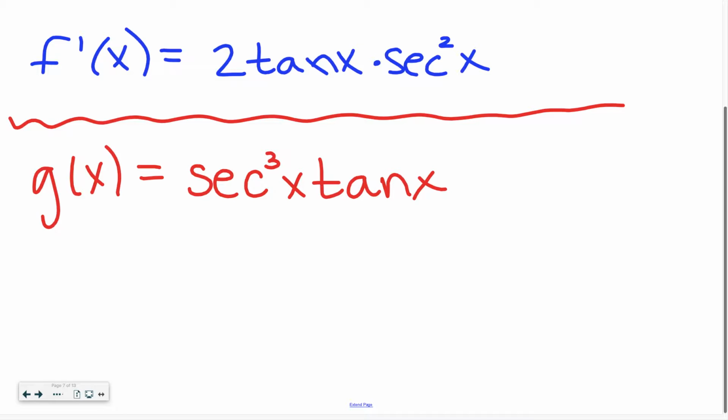Power rule, and product times. Yeah, chain rule on the first one. You have to do the chain rule for the secant x, and then you also have to do the product rule for the other one.